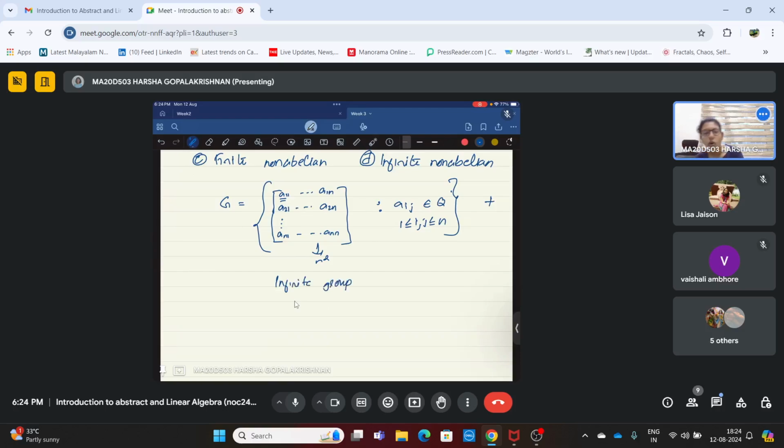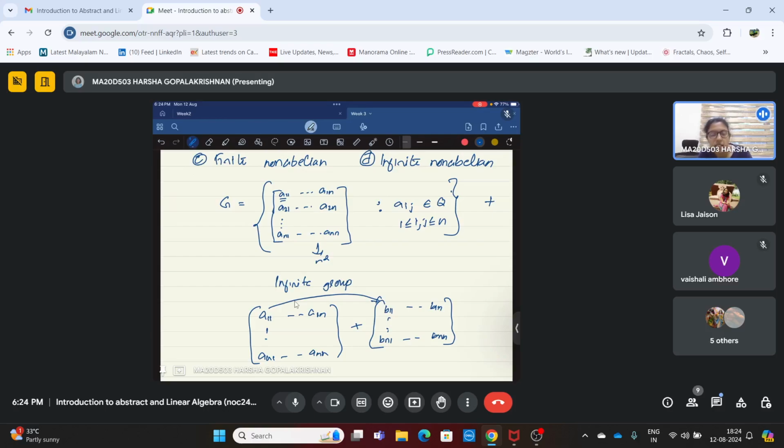Now the operation in G is given as addition. Addition means, take a matrix A with entries A11 to A1n up to An1 to Ann, and another matrix B with entries B11 to B1n up to Bn1 to Bnn. What we will do is add A11 and B11, and the next element, so corresponding elements we will add.